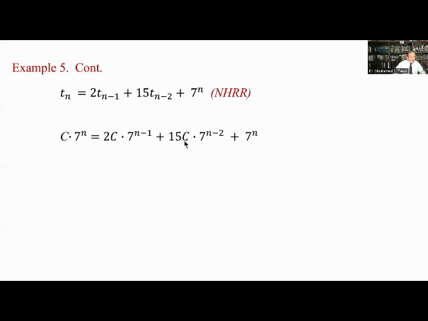I need to make all of this the same power. So I have to divide here by 7 and multiply this by 7. Here I have to divide by 7 squared and multiply this by 7 squared. That's what I'm doing.